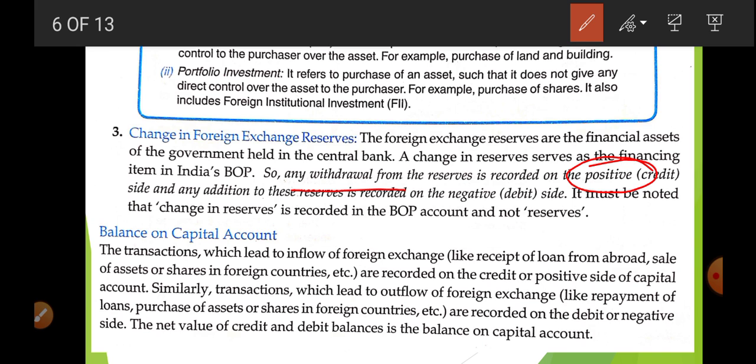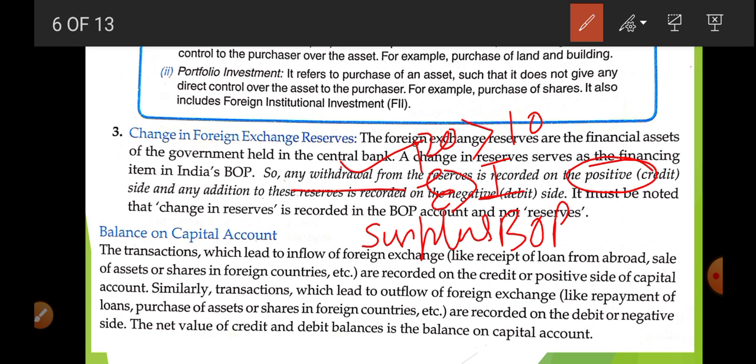Because in the case of withdrawal, suppose there is surplus in balance of payment, that is, our export is greater than our import. Suppose 120 is the export and 100 is the import.